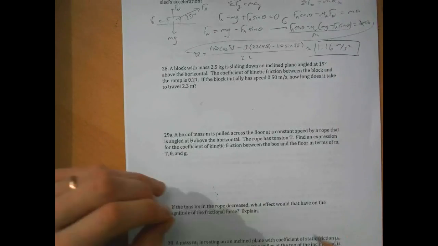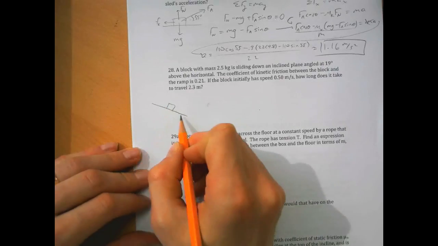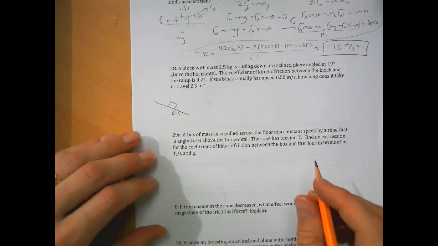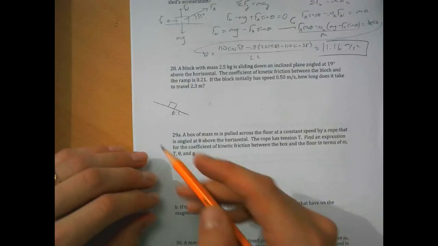Now, number 28. A block with mass 2.5 kilograms sliding down an inclined plane angled at 19 degrees above the horizontal. Coefficient of kinetic friction. Block initially at some speed. How long does it take to travel that distance?